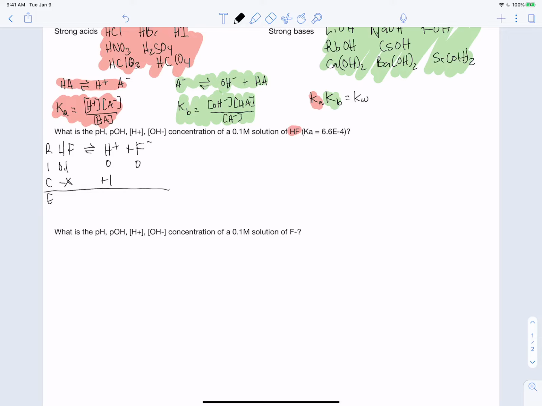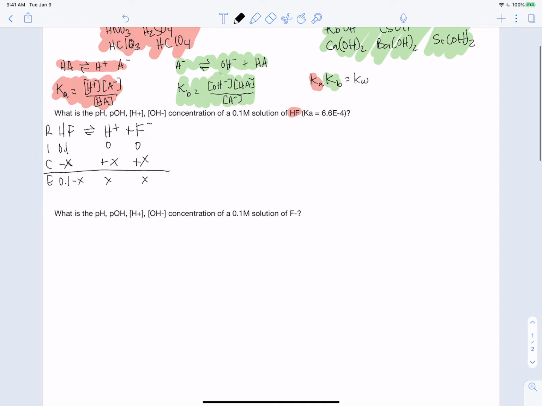We're going to call that amount X. And that allows us to write out all of our equilibrium concentrations in terms of X. So we have HF is equal to 0.1 minus X. And then H plus is equal to X. And F minus is also equal to X.